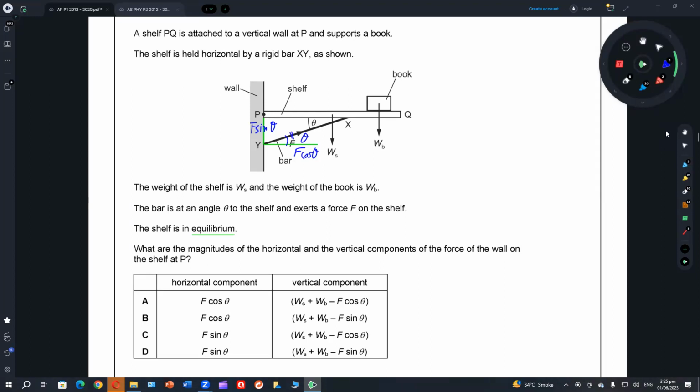I have resolved the force and the system is in equilibrium. So clockwise moment is equal to anticlockwise moment.